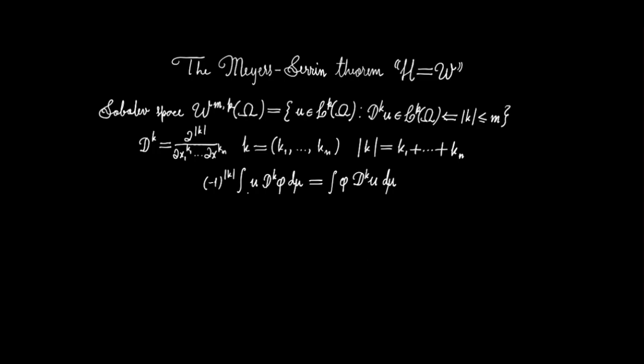So given a function u, which need not be differentiable, if there exists some function which we call D^k u such that this formula is valid for any smooth function phi with compact support, then we say that D^k u is a weak derivative for u.